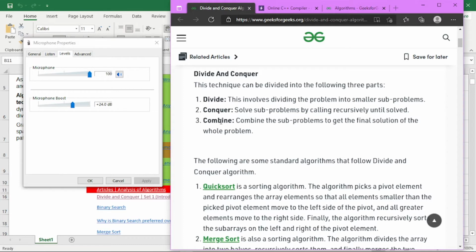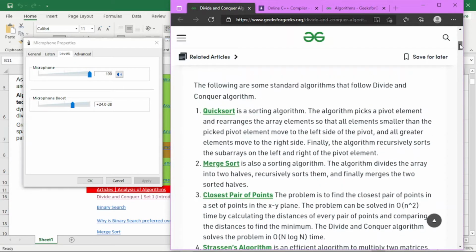Okay, so some of the standard algorithms that use divide and conquer are quick sort, merge sort, and closest pair of points. Basically, in quick sort we pick a pivot element and arrange the array elements such that the elements smaller than the pivot are on the left side of the pivot, and the elements larger than the pivot are on the right side of the pivot in the array.